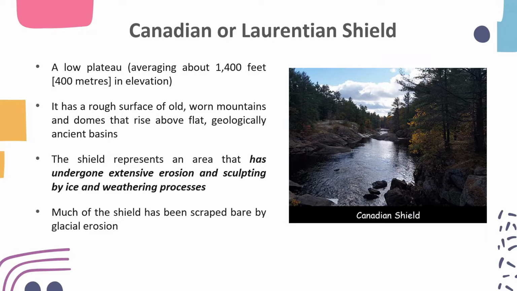The shield represents an area that has undergone extensive erosion and sculpting by ice and weathering processes. Greenland also was a main center of glacial advance and retreat, while Quebec and western Canada were important secondary foci. Much of the shield has been scraped bare by glacial erosion, leaving smooth bare bedrock surfaces.